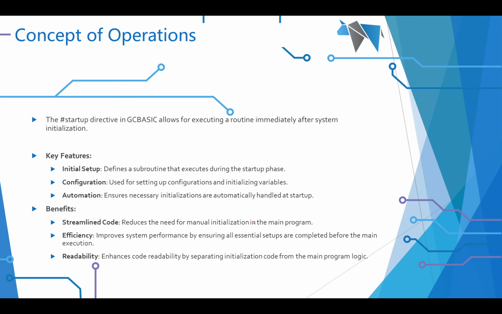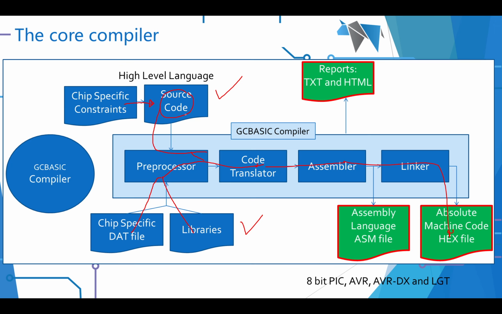So if we look at the concept of operations of how this all works, we go back to specifically the source file and the libraries. When these files run, they're full of libraries, and those libraries contain all the knowledge that's been generated over the last few years. To make sure they run properly, each source file or library may have a command in there called hash startup, and that will always execute, and that will initialize that device, like an LCD or your program with a PPS, for instance.